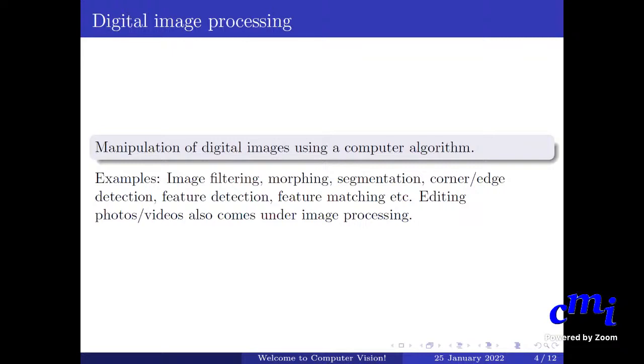You do simple things like some kind of edge detection or filtering, or some kind of feature detection, or even simple stuff like geometric operations, transformations like rotations, cropping, even that. So that all comes under digital image processing. There is much to it, and we will be talking about this in the course.